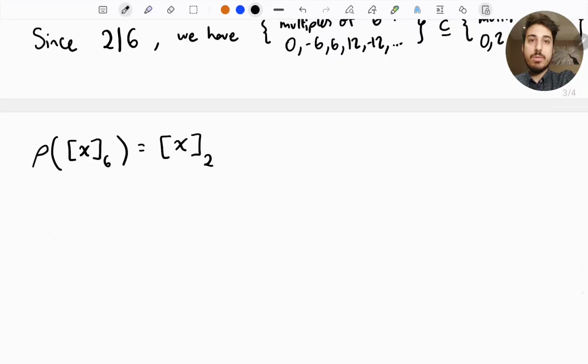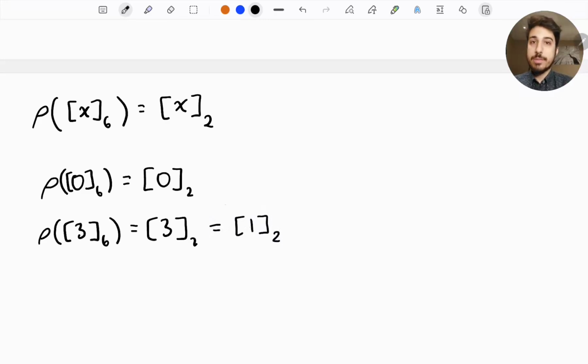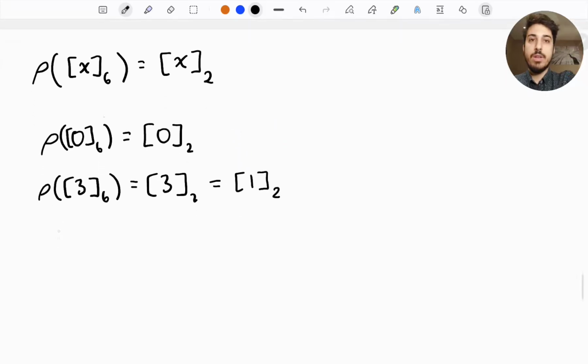For example, rho of 0 modulo 6 is equal to 0 modulo 2. Rho of 3 modulo 6 is equal to 3 modulo 2. But 3 modulo 2 is equal to 1 modulo 2, because 3 is an odd number. If you divide it by 2, you get a remainder of 1. So that's equal to that.